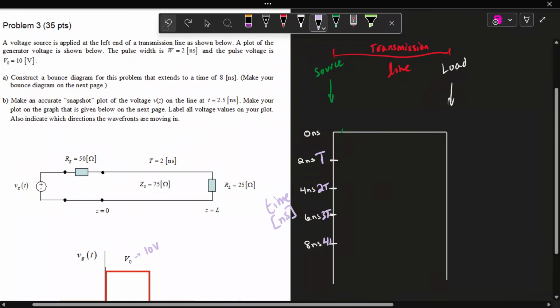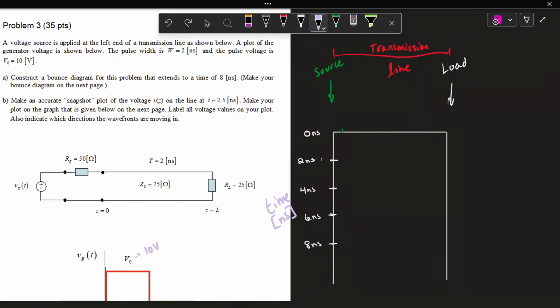Sometimes they'll ask for it in terms of T. Don't be afraid of that. Know what your T value is. In our case, T is 2. So at 2 nanoseconds, you'll see T; at 4 nanoseconds, you'll see 2T; 6 nanoseconds, 3T, and so forth. If they say plot up until 5T, that's 10 nanoseconds. Hopefully that made sense for you.